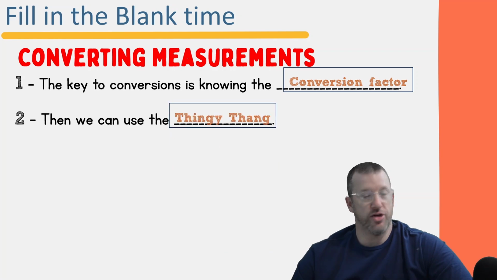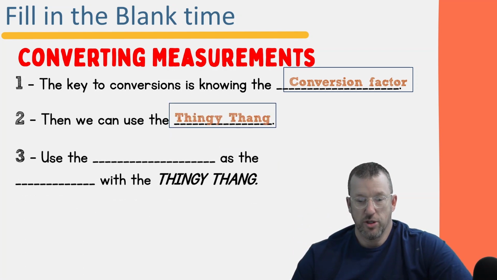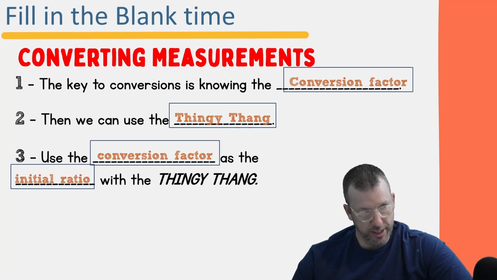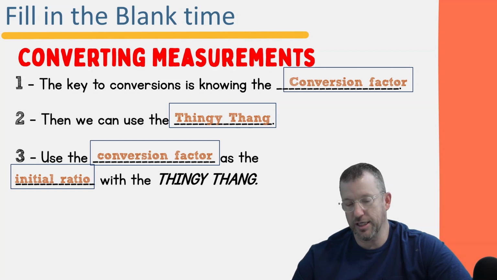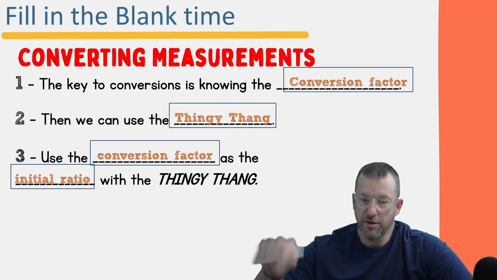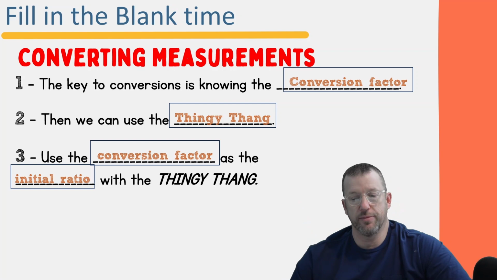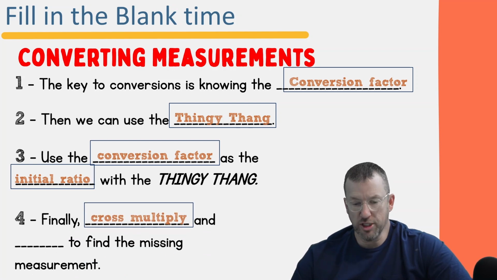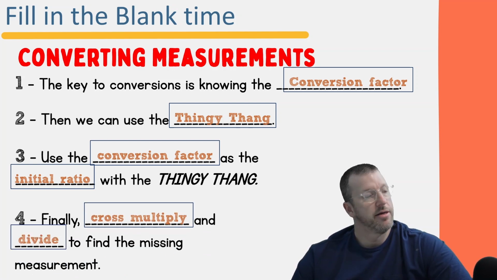Then we use the conversion factor as the initial ratio. I'm going to keep saying initial ratio so you know that is the first ratio in your proportional relationship. The one we know is really important because then we can figure out what we don't know. And then finally, cross multiply and divide to find the missing measurement, or whatever the variable represents.